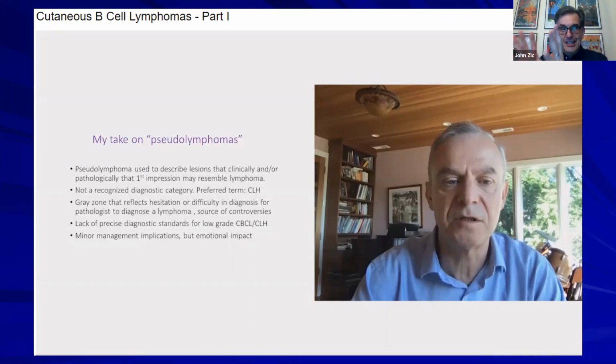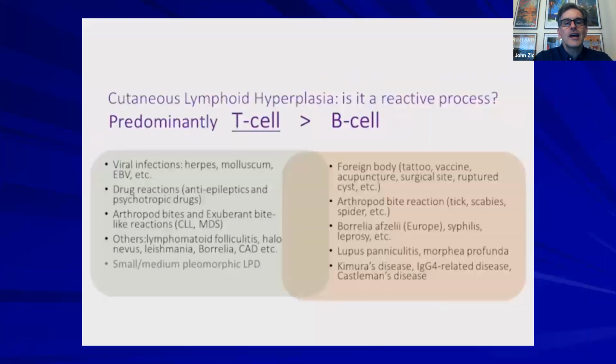The clinician that saw the patient, heard the history, examined the patient, and then we need the pathologist. And the pathologist and the clinician need to be talking to each other to see whether or not we should fall on the side of the fence that this is not a cancer, but rather looks like one, and therefore we'll call it a pseudolymphoma, or should you be over the fence and it's best that we call this a lymphoma cancer.